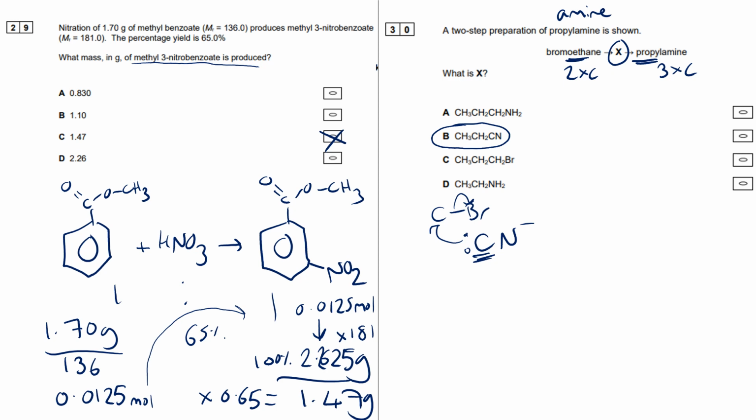So if we were to add potassium cyanide to bromoethane, nucleophilic substitution occurs. We would make propanenitrile. That can be reduced by using LiAlH4, and that will make our propylamine. That's one of the ways to make primary amines. B is our correct answer.